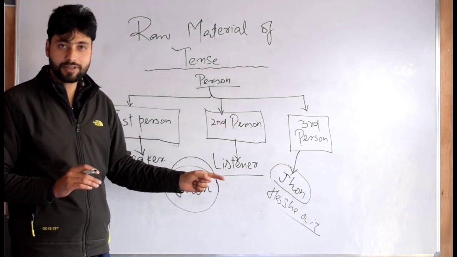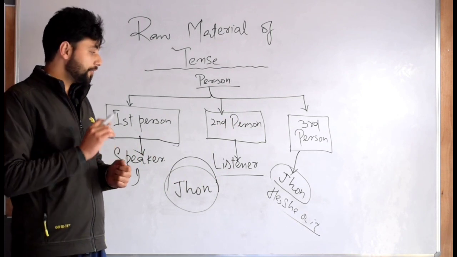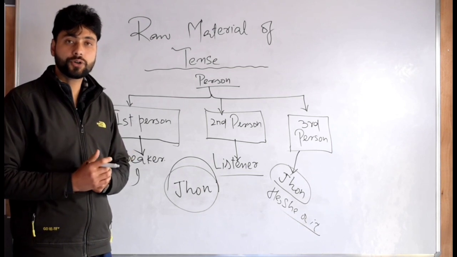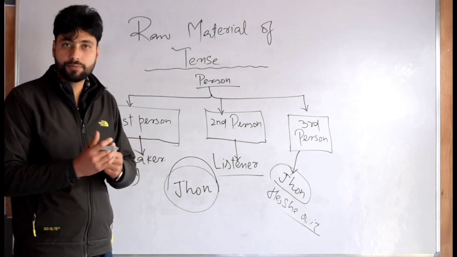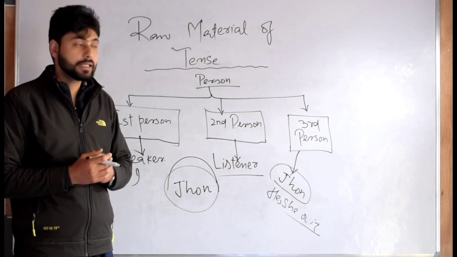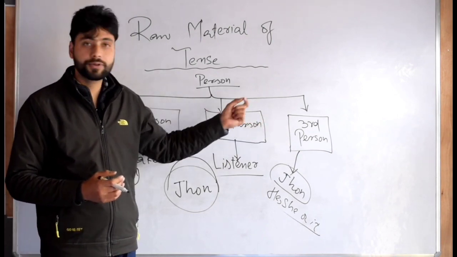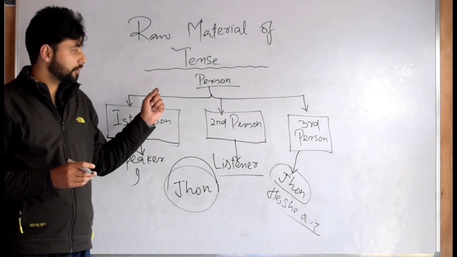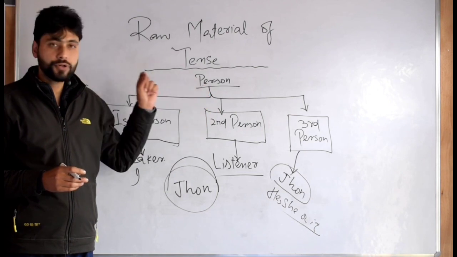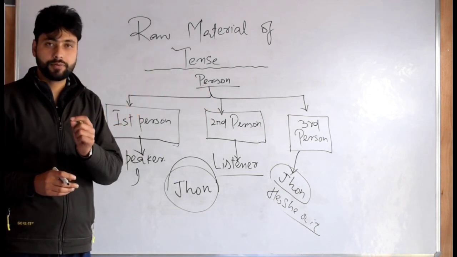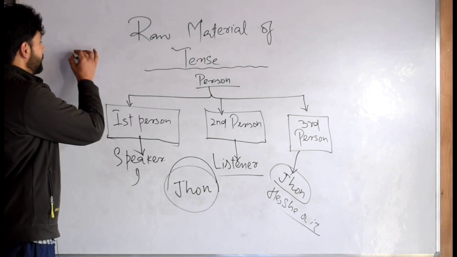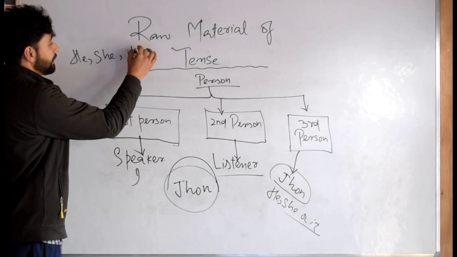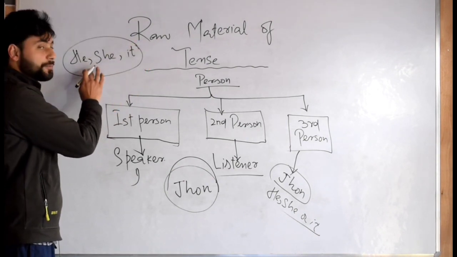Third person singular. But if we talk about a group, if we talk about 2 or 3 people in a sentence, then it becomes third person plural. Well, you don't need to get confused while understanding third person singular or third person plural. If there is he, she, or it, then this is third person singular.